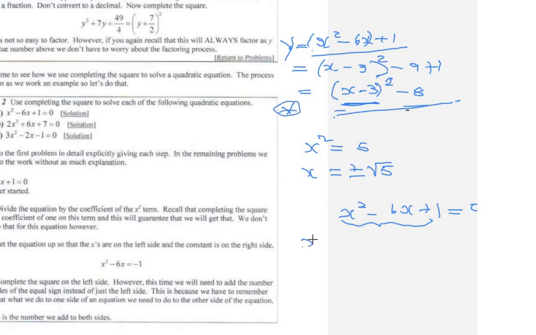So I know that is the same as (x - 3) squared minus 8, you see? And now I can move the 8 to the other side.